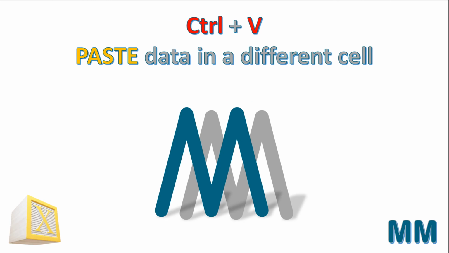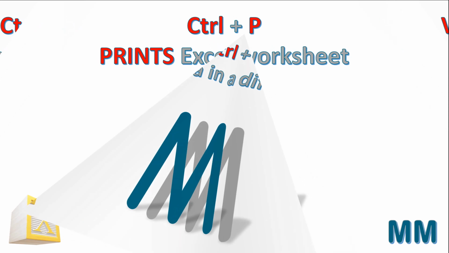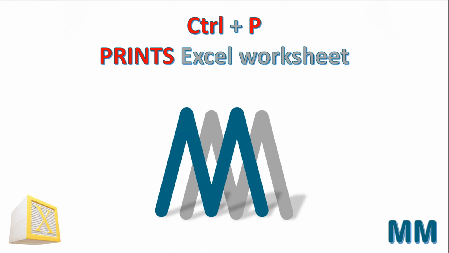One thing that I notice is that when we want to paste the values, we think about P. Don't do it. Think about visualizing the same data in a different cell, because that's actually the meaning of the shortcut. Because Ctrl P stands for printing your Excel worksheet.